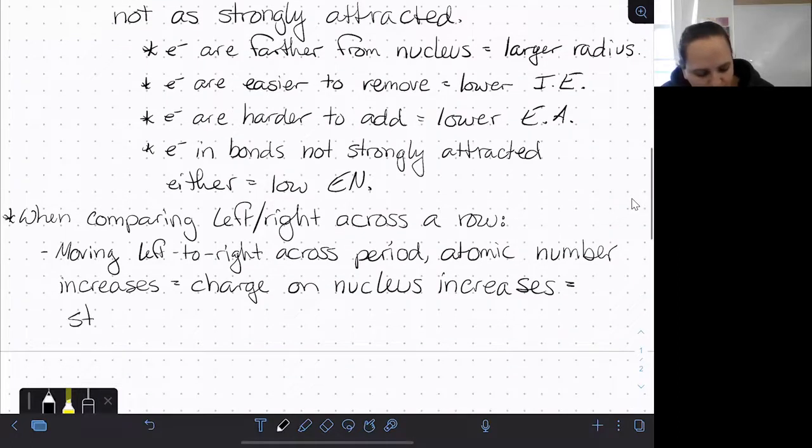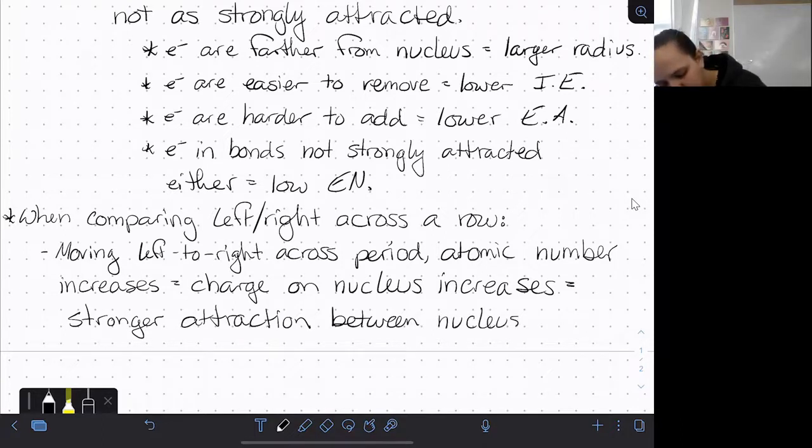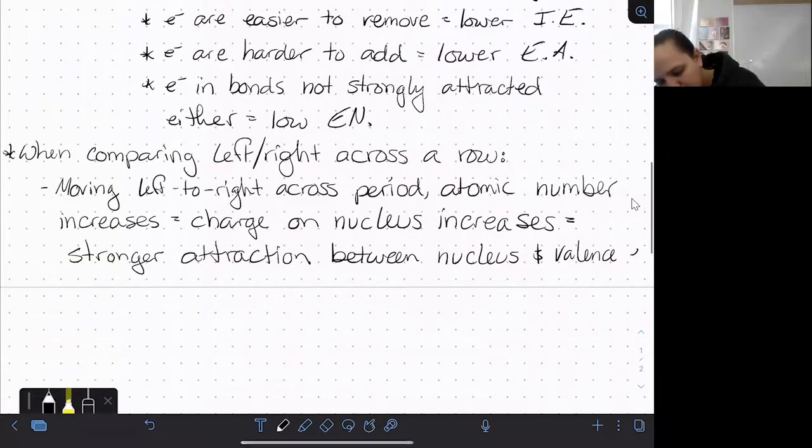Which leads to a stronger attraction to all of the electrons in the atom, actually, but the ones we're interested in are the valence electrons. And this stronger attraction is what's giving rise to the left to right trends across the table.